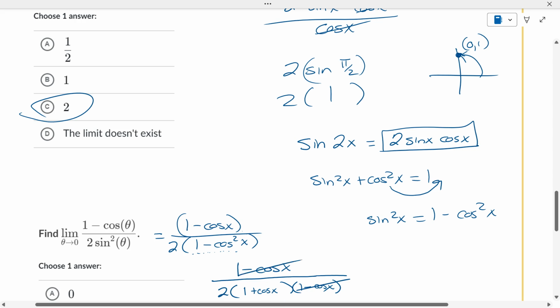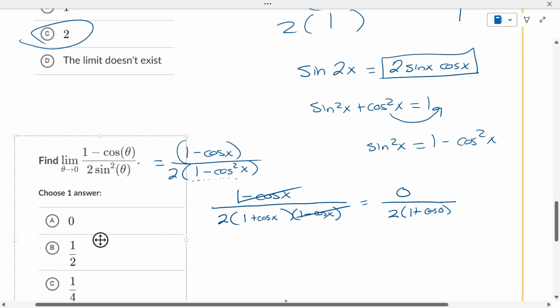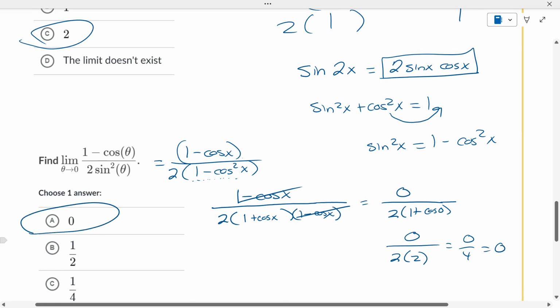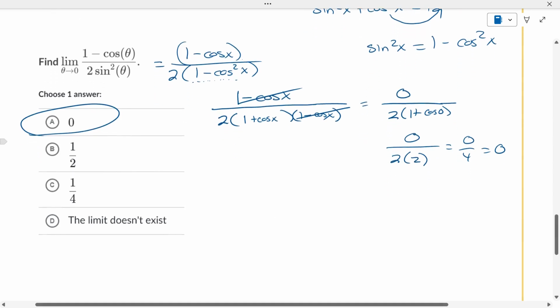Oh, they cancel. So I get 0 over 2 times 1 plus cosine of 0. What's the cosine of 0? Well, it's 1. So it's 0 over 2 times 2, which is 0 over 4, which is 0. So those trig identities that you learned whenever you took trig, those are important.